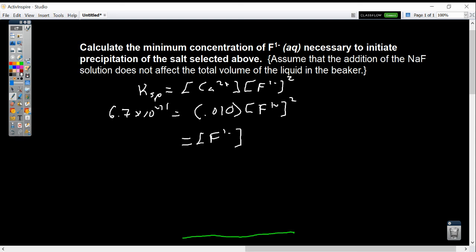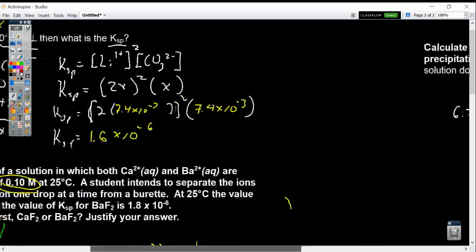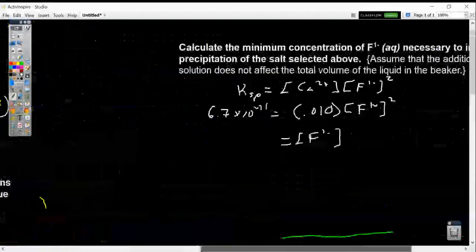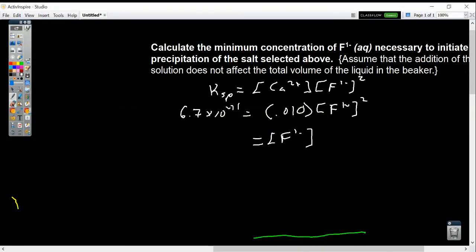If you do that, you get 3.5 times 10 to the negative 11th. I hate when I mess up. You guys are probably raising your hand and telling me that I messed up.